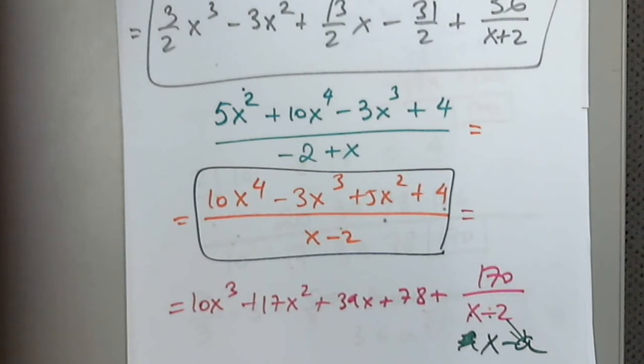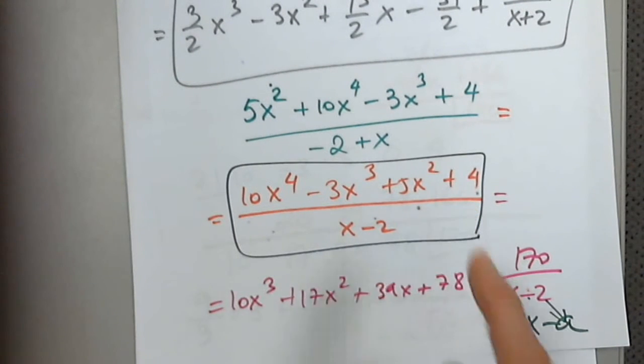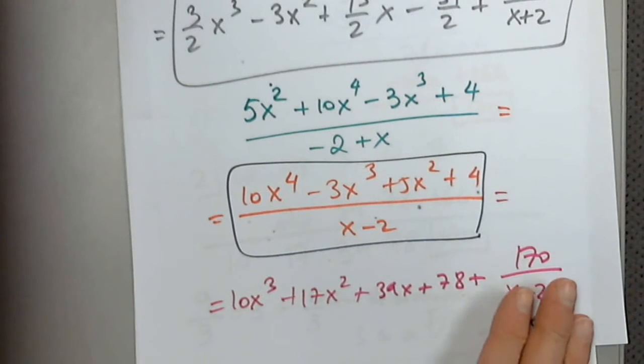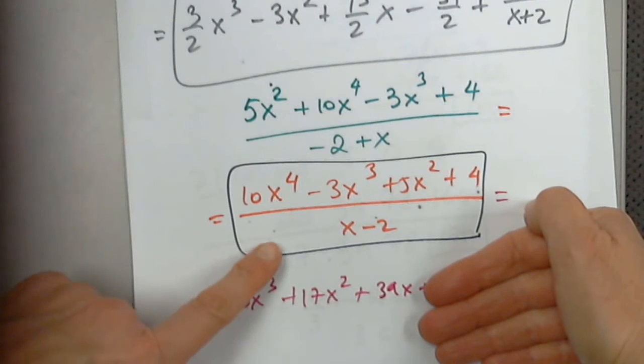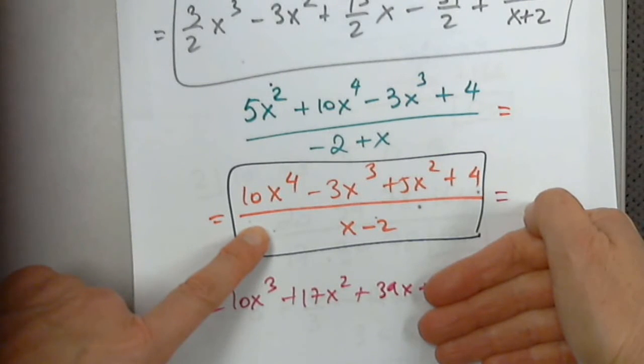If the remainder is 0, I will say x minus 2 is a factor of the top. But how do I determine just the remainder without wasting my time with the long division and the synthetic division? Yes, because I have it. But assuming I don't, how will I determine just the remainder for this?